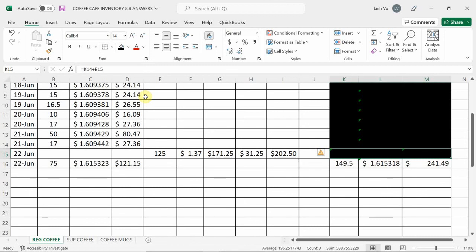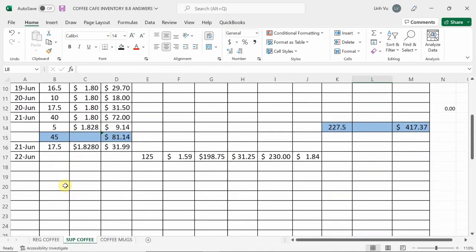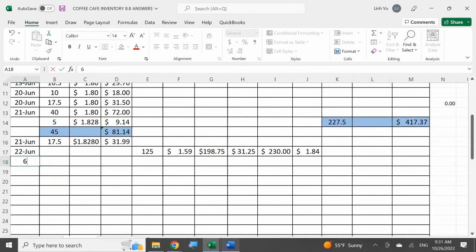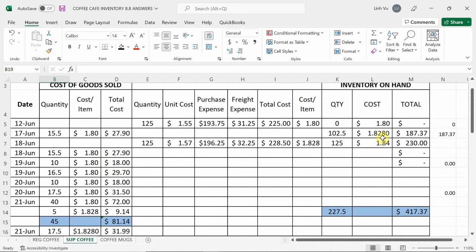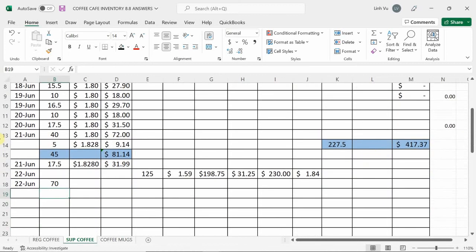So then now let's go ahead and go to Supreme Coffee. How many pounds did I sell of Supreme Coffee? 70. So let's take a look at my batches of inventory. Which one am I going to sell first? The 102 and a half. Good. We're going to take out from that batch.